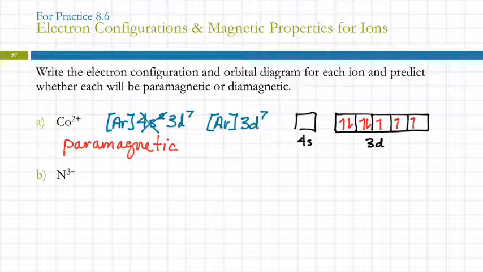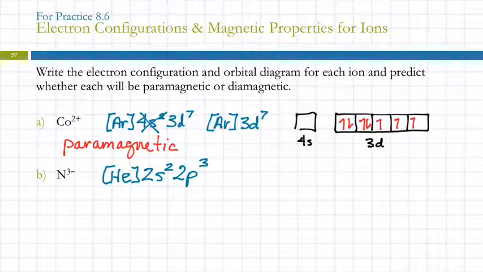In order for it to be diamagnetic, these would all have to be paired up. So let's look at N3-. Nitrogen: there's helium, then 2s2, 2p, how many? 3.